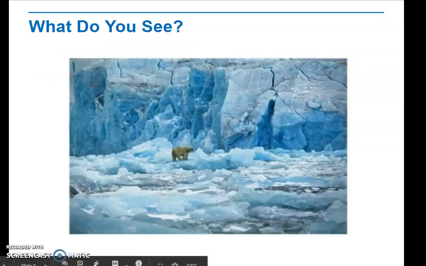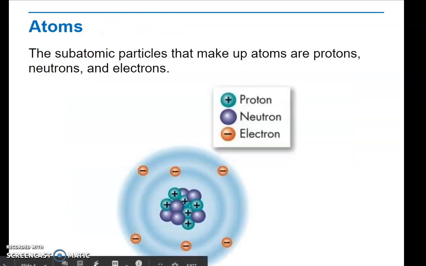But let's go back to the first image. What do we see here? Think a minute of the elements and compounds that are represented in this image. I'm sure some of you already said, well, hydrogen and oxygen are combining here to form water. Yes, try to find some more elements, some more compounds.